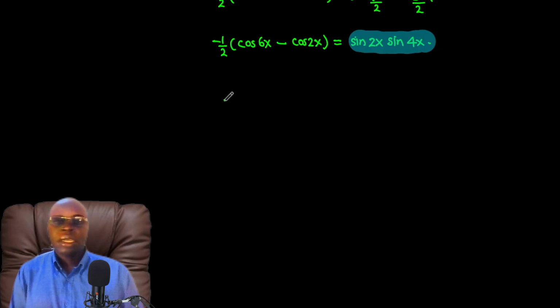So here we can start by writing this part and say sine of 2x times sine of 4x is exactly the same as the other side here, that is negative 1/2 into cosine of 6x minus cosine of 2x.